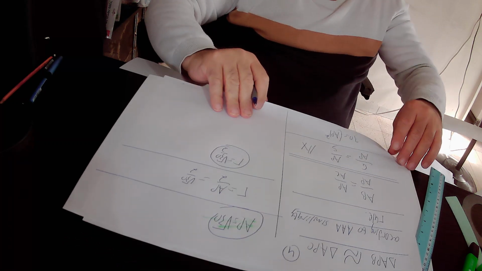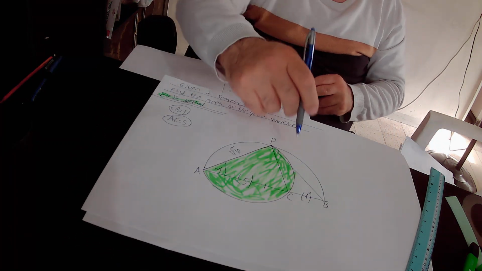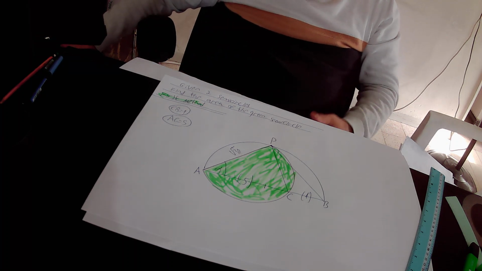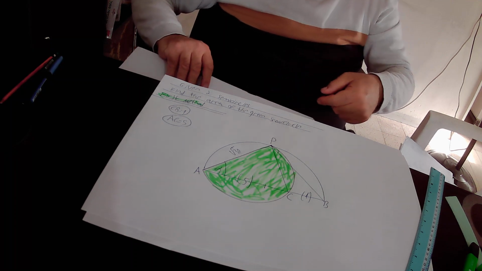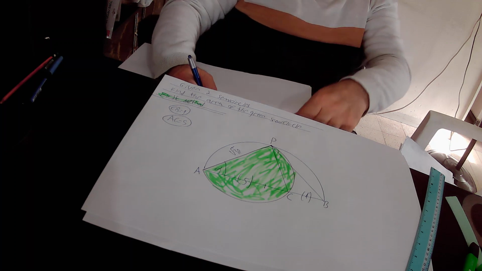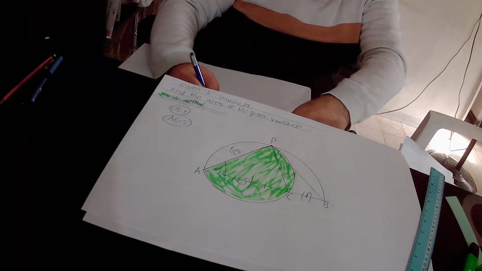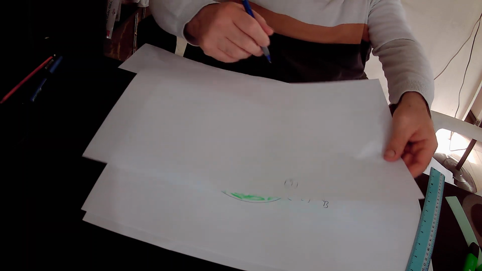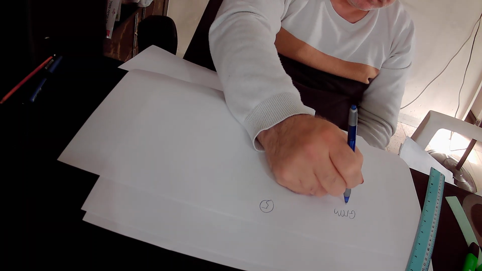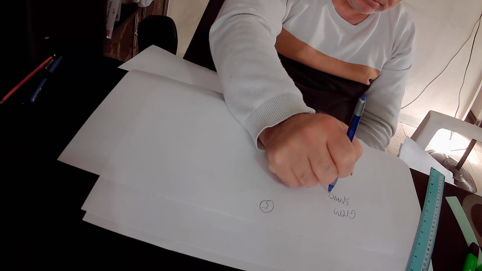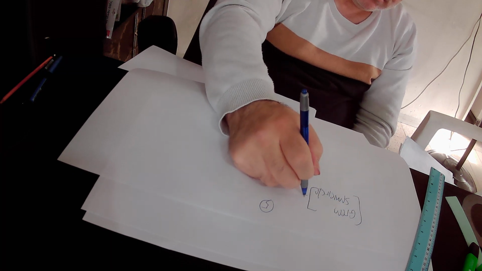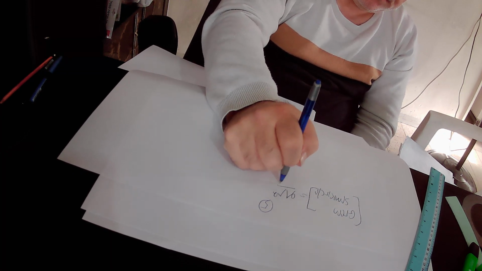I repeat again that our mission is to find the area of this green semicircle. The area of this green semicircle equals, of course, pi r squared over 2. So I write it down. The area of this green semicircle equals pi r squared over 2.